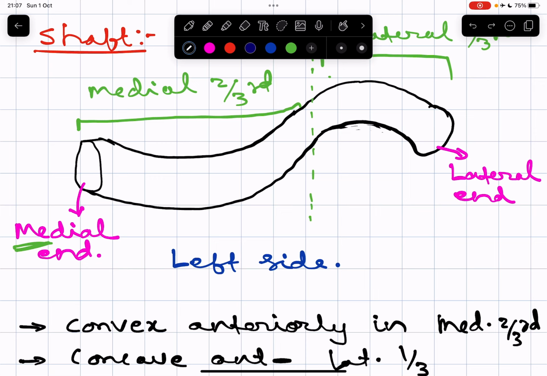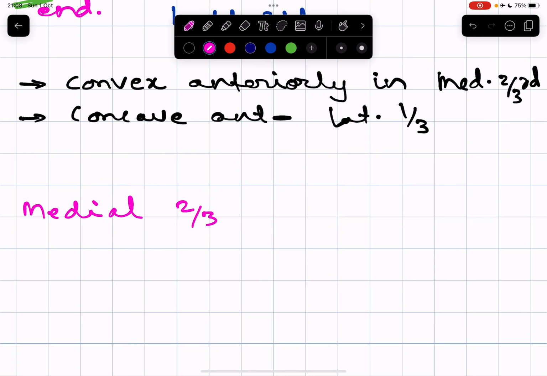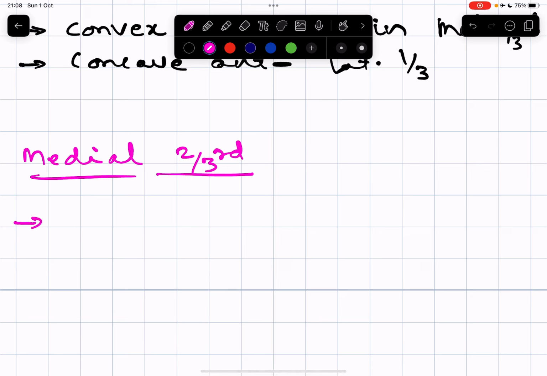So that's the curvature. The junction where the two curvatures meet is actually the weakest point of the clavicle. So fractures of the clavicle are most common along this junction, where the curvatures meet. Now let us first talk about the medial two-third of the shaft. The medial two-third of the shaft of the clavicle presents four surfaces, and the borders are rounded.